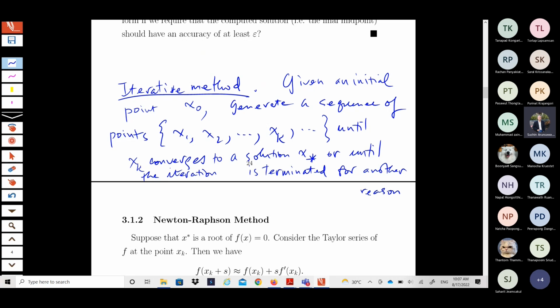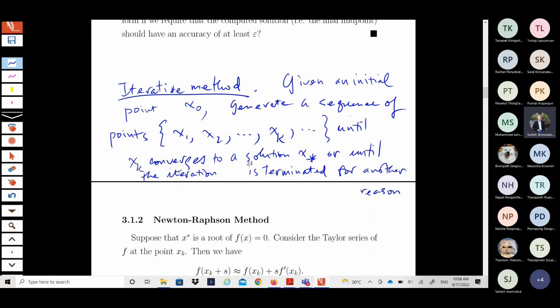In an iterative method, I summarize again: we start with an initial point x naught, and then we generate a sequence of points x1, x2, and so on, until the iterate xk converges to a solution x star, or until the iteration is terminated for another reason.